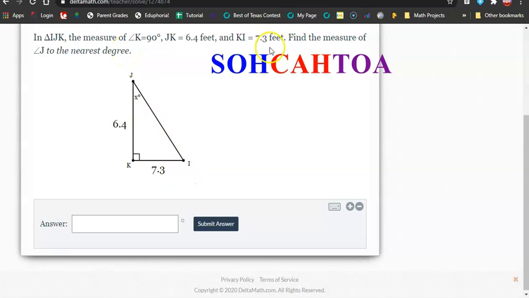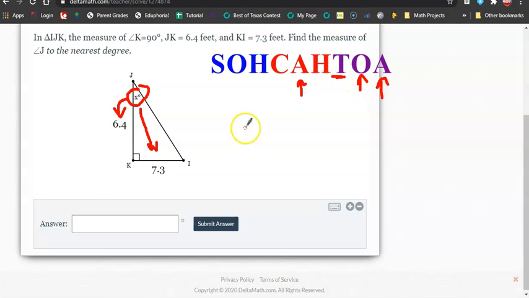Okay. So again, I got my SOHCAHTOA here. Let's see. So I'm looking at this side. I'm looking at this angle. So I have the 6.4. Well, that would be adjacent. So that is going to be either cosine or tangent, and I have the 7.3, which is opposite.